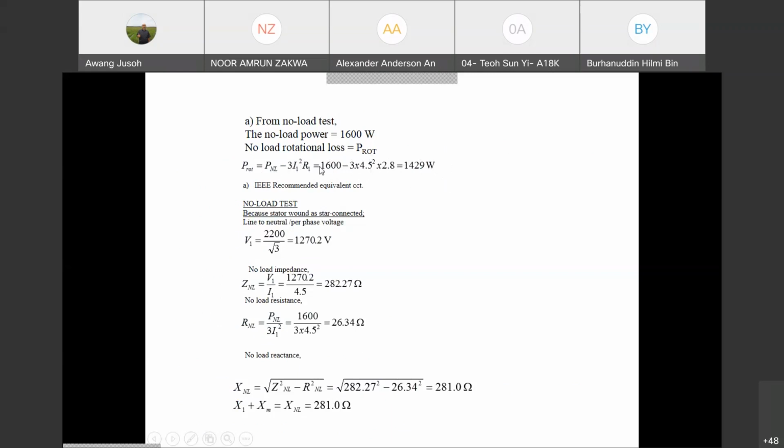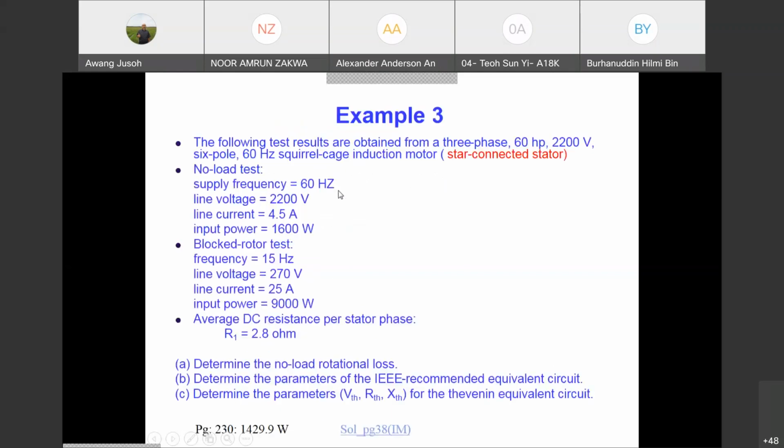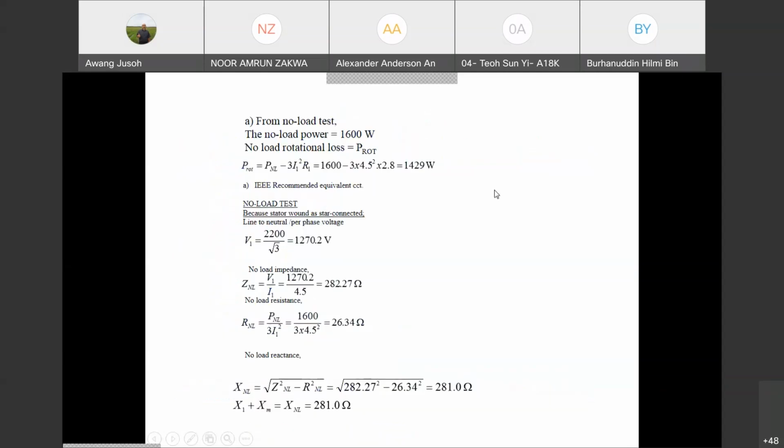Because 1600 is the total power. When you put the meter there, it gives you the total power consumed by the machine, not per phase, total power. So that gives us rotational loss. So we measure rotational loss during no-load test.